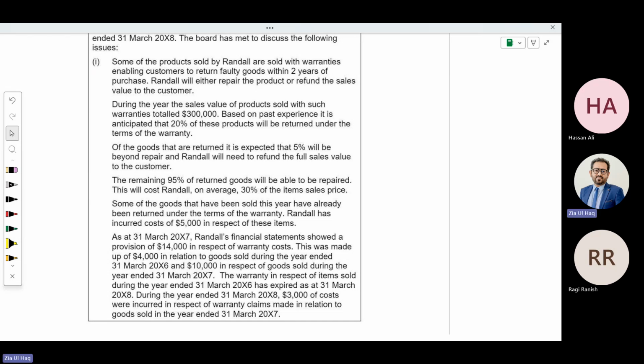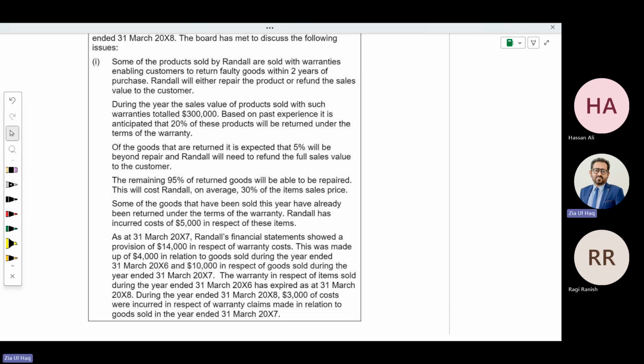And this is a total sale against which company is providing 2 years warranty. Based on the past experience, it is anticipated that 20% of these products will be returned under the term of warranty. This means 20% of this 60,000, company needs to create warranty provision.